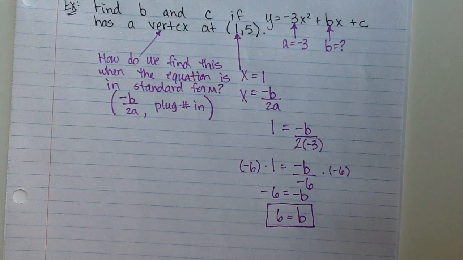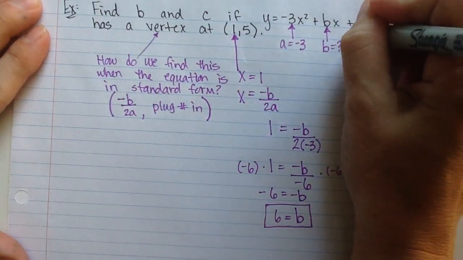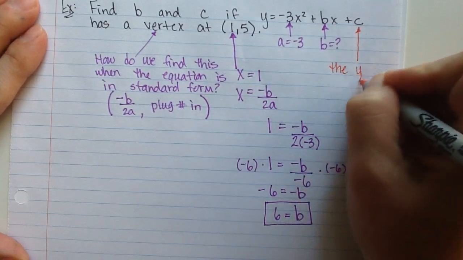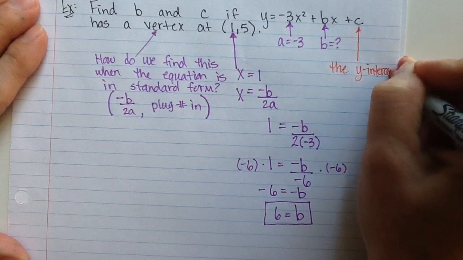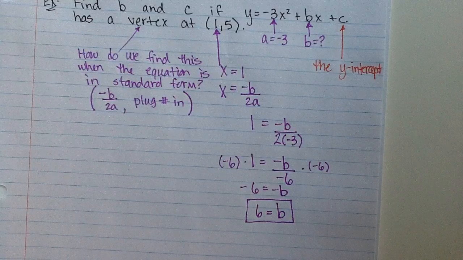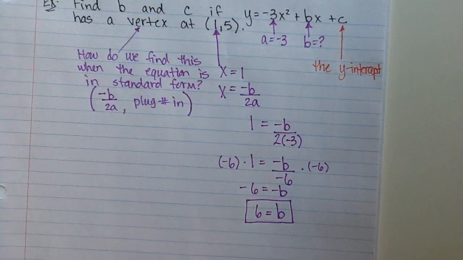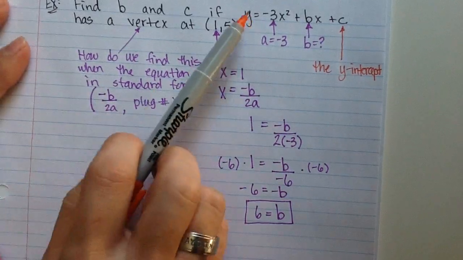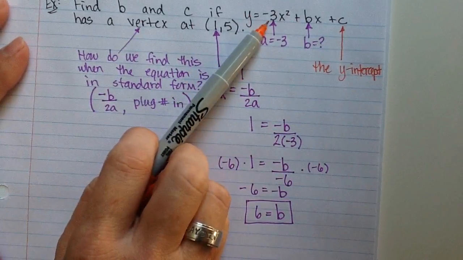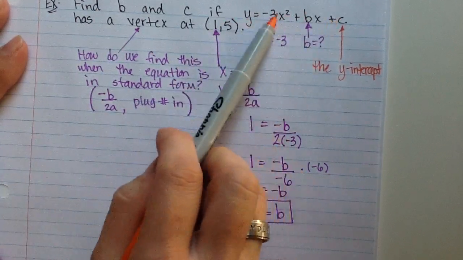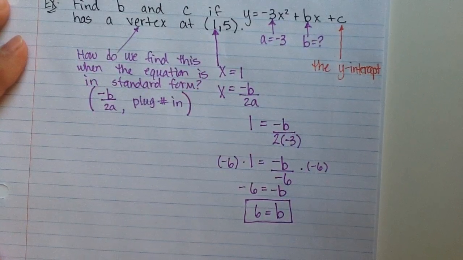Now, how am I going to find c? Remember that in standard form, c would be the y-intercept. So I think what I can do is use my vertex and my stretch with my reflection to rewrite my standard form into vertex form.